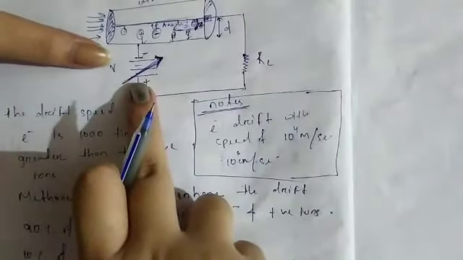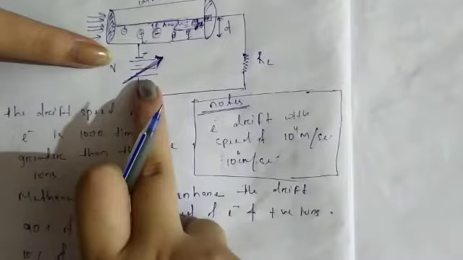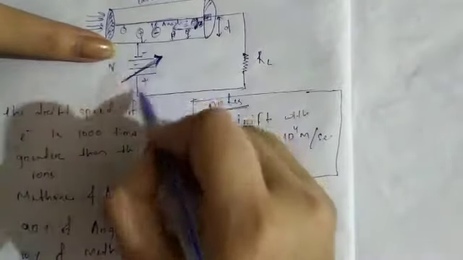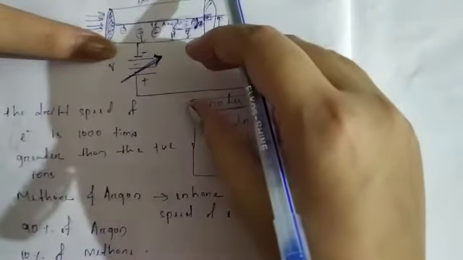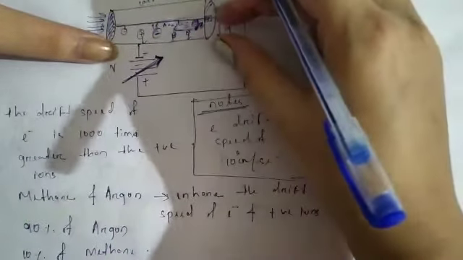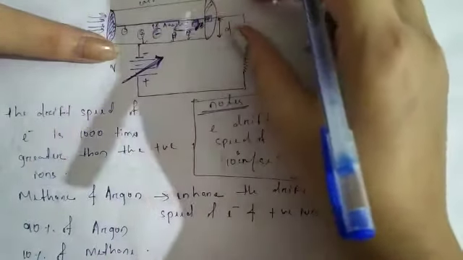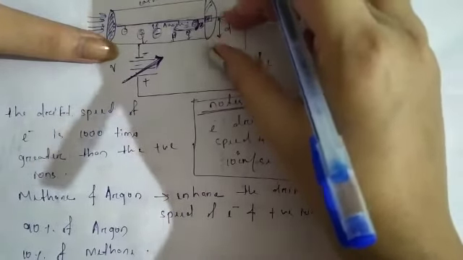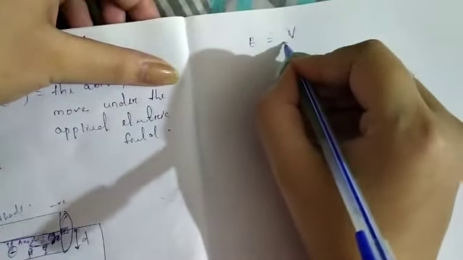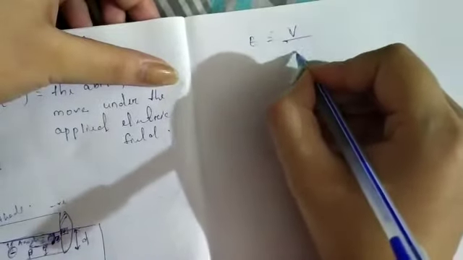And V is the voltage applied across the electrodes, cathode and anode, which are separated by a distance small d. Then at this point we can calculate the electric field as well. So the electric field E becomes V, the potential between anode and cathode, divided by the distance.